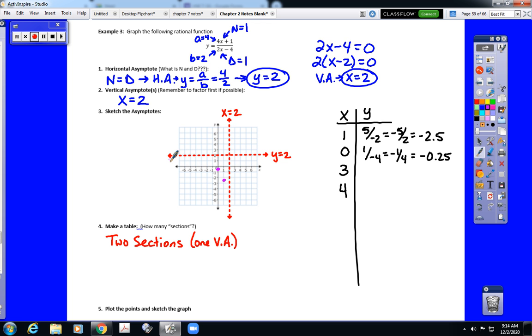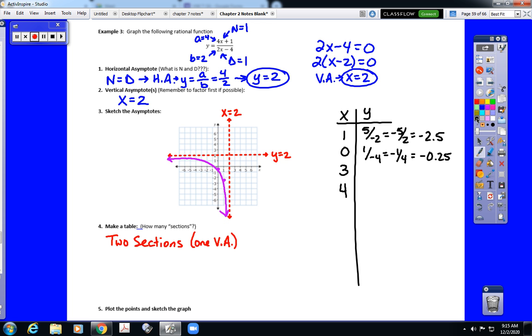That means that it's going to come in along that asymptote, pass through those 2 points, and exit along the asymptote. Because again, these are examples of problems that are very similar to our reciprocal functions. So the outside sections of these graphs should look like our reciprocal function. They should hug the asymptote.